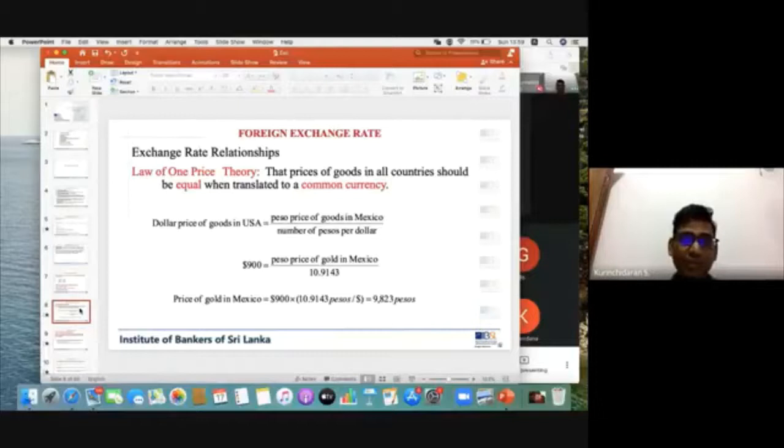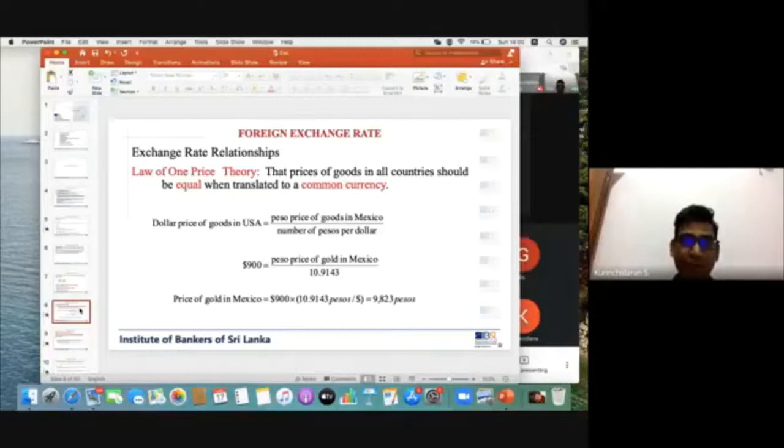So now, we assume that particular good is $900 in USA. If you want to find out the price of the good in Mexico, you can just multiply the USD price with the exchange rate, and you will get the price in pesos.